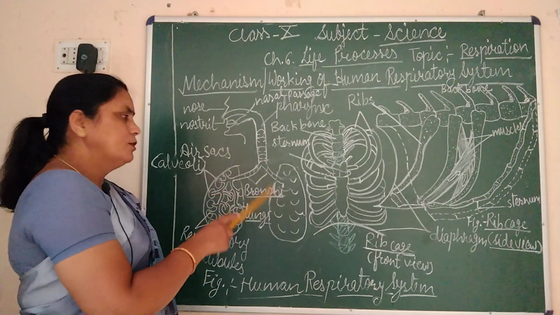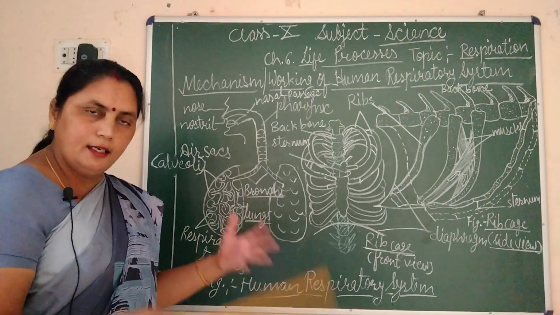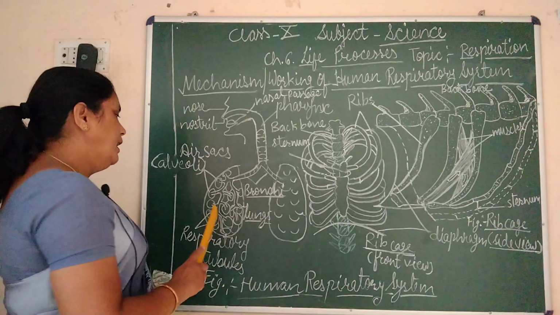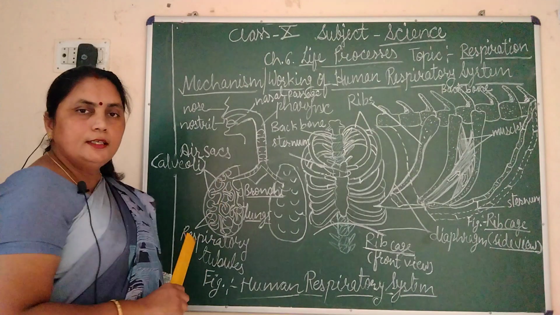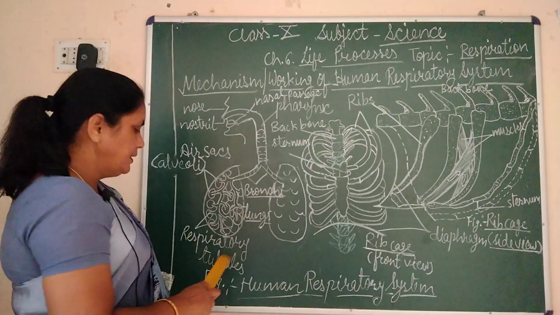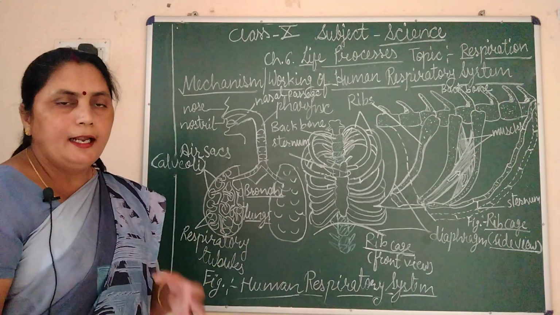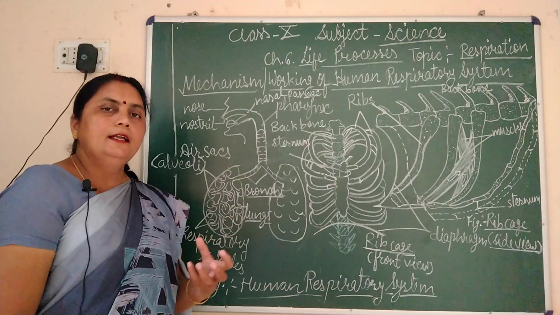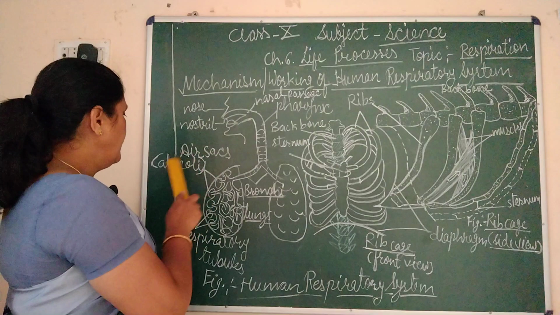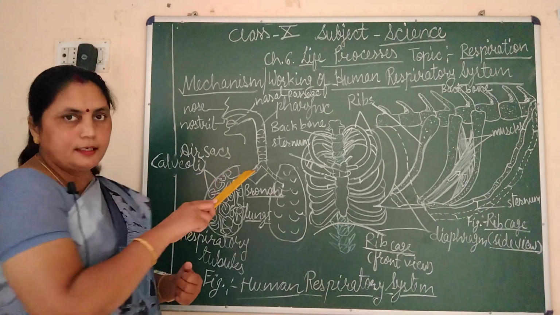Inside the lung, bronchi divide again and again, and finally the narrowest tubules are called respiratory tubules, which do not further divide but end or open in alveoli or air sac.